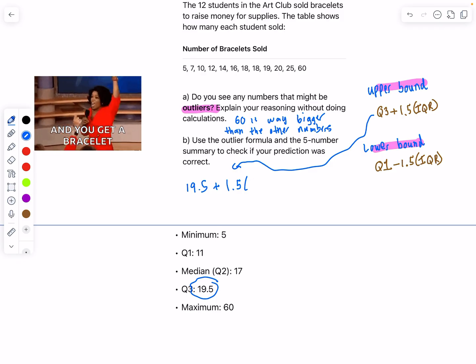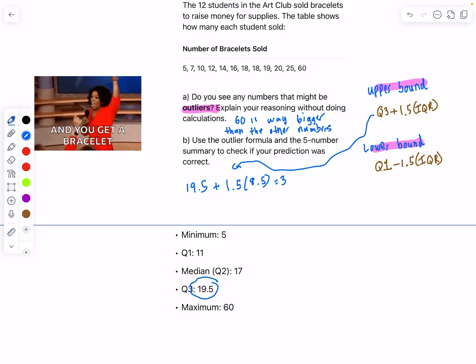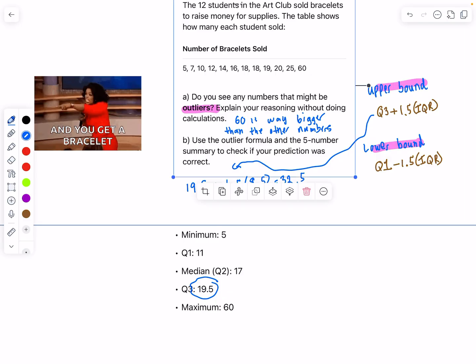Let me do some quick calculations. 19.5 minus 11 equals 8.5. All right, let me put it in my calculator. 19.5 plus 1.5 times 8.5 equals 32.5.